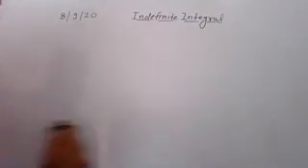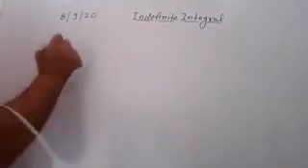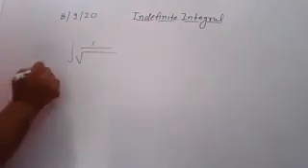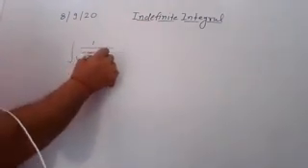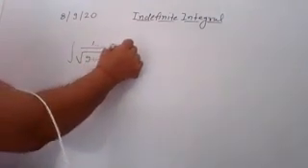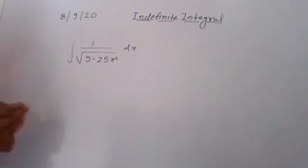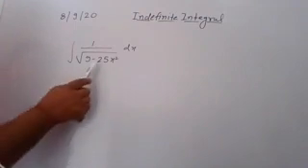In the same way, next one, integration of 1 upon under root 9 minus 25x square dx. Again, first of all, you have to make the coefficient of x square as 1. So what you do?